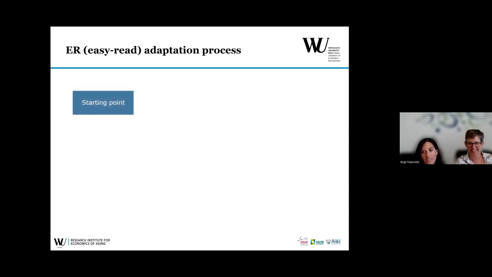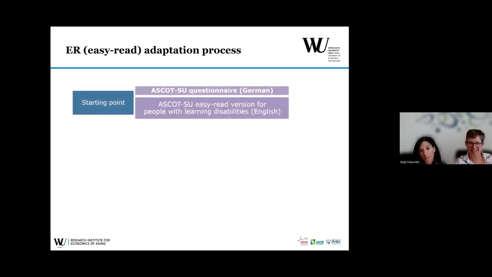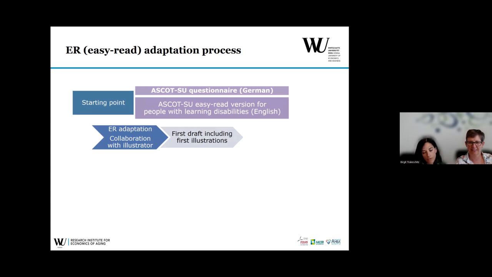Our starting point was the German ASCOT service user questionnaire that we already had, as Birgit just mentioned. We also had the Easy Read version for people with learning disabilities that we just heard about in the previous presentation. Then we did a first adaptation, and we collaborated with an illustrator to get a first draft, including first illustrations. We then did an internal revision within the team to get a preliminary version of the ASCOT Easy Read in German.